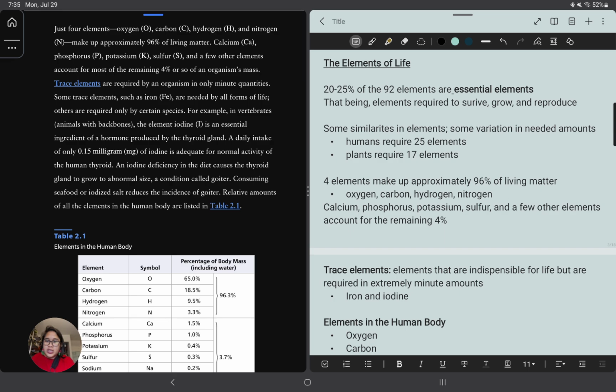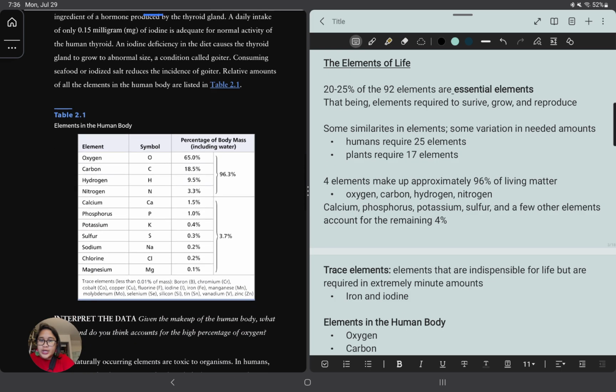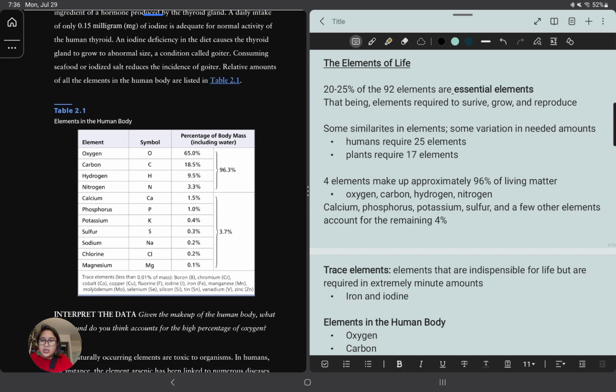A daily intake of only 0.15 milligrams of iodine is adequate for normal activity of the human thyroid. An iodine deficiency in the diet causes the thyroid gland to grow to abnormal size, a condition called goiter. Consuming seafood or iodized salt reduces the incidence of goiter. Relative amounts of all the elements in the human body are listed in Table 2.1.